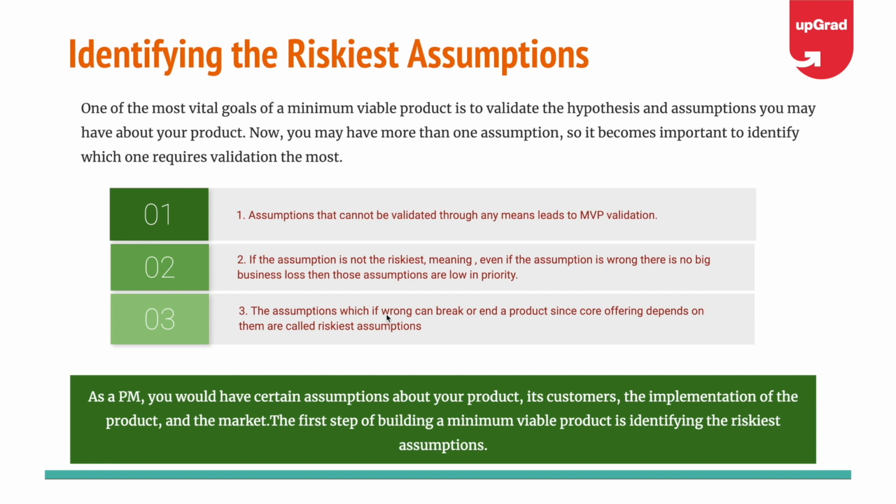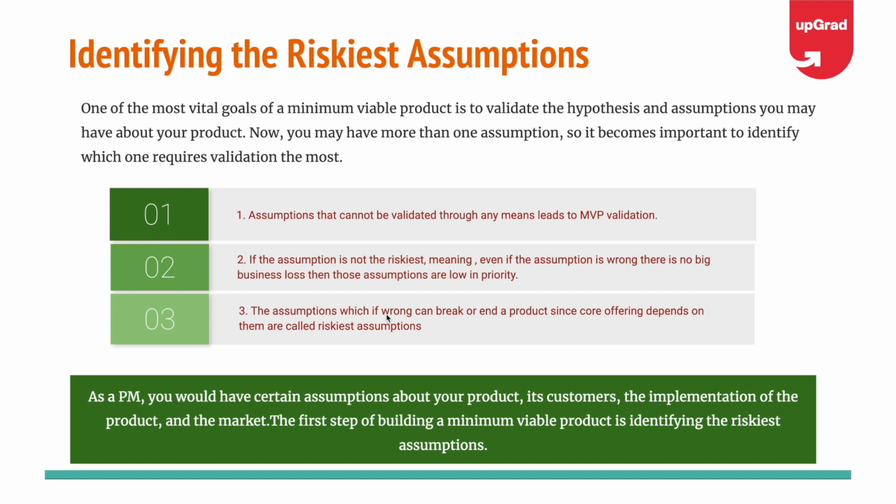The second important point to notice: if the assumption is not the riskiest, meaning even if the assumption is wrong, if there is no big business loss, then those assumptions are low in priority. In the Zappos case that we saw earlier, the riskiest assumption was that customers would buy online. If, let us say, that assumption was wrong, then there was no Zappos at all.